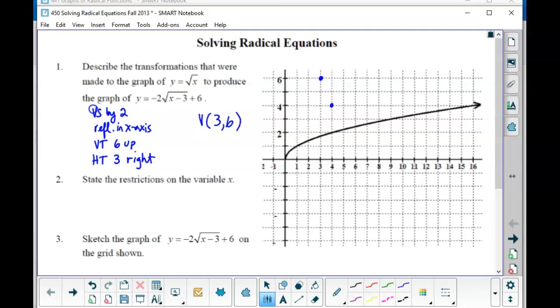Normally for 4 units over, I go 2 up. If I stretch that by 2, it's 4. Reflected is -4 from there, from the axis of symmetry, basically. So if I go 4 units to the right, then I'm going to go 4 units down from there.